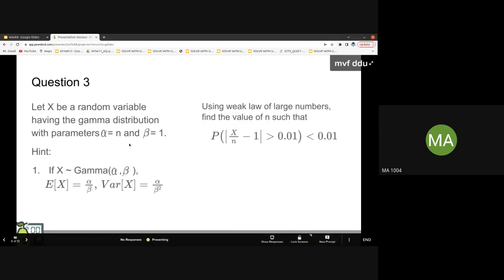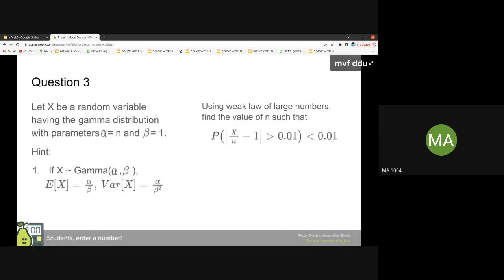Okay, try solving this. Let X be a random variable following the gamma distribution with parameters n and 1. So X follows gamma(n, 1). And we have given you the hint also. If X follows gamma(alpha, beta), expected value of X is alpha by beta and variance of X is alpha by beta square.